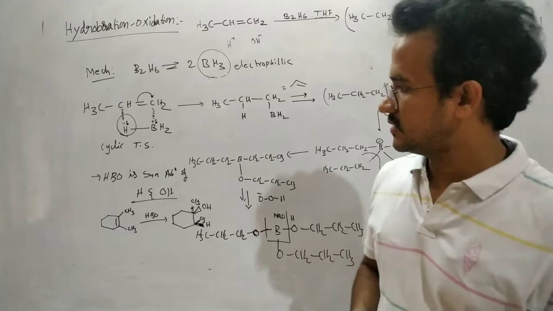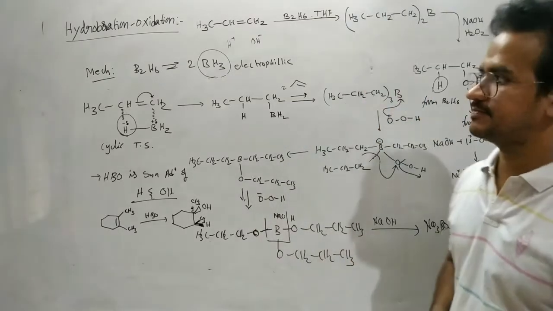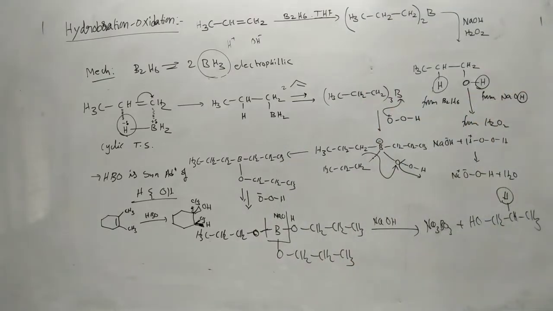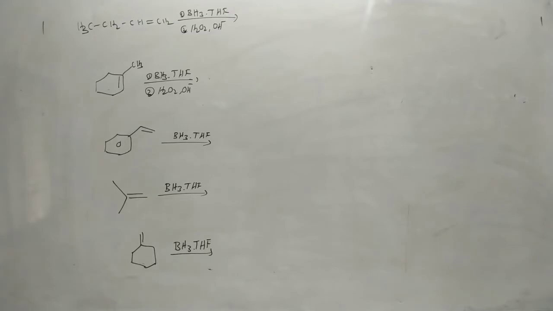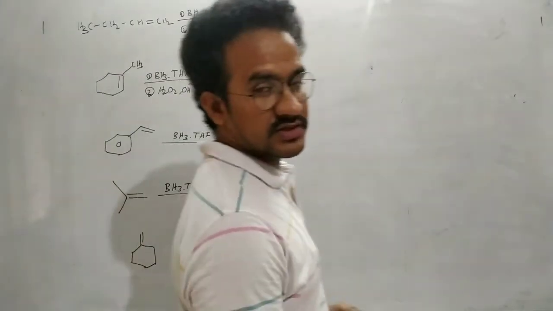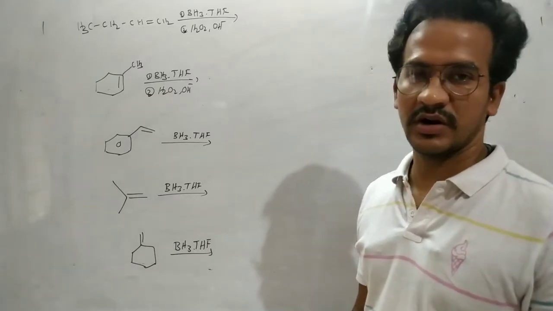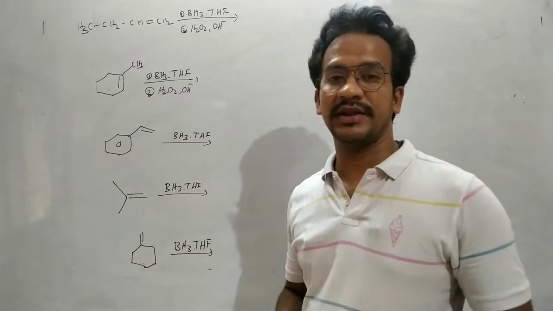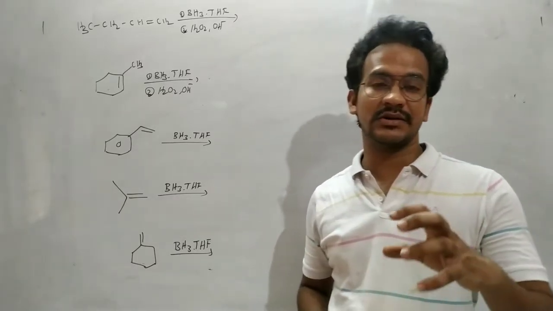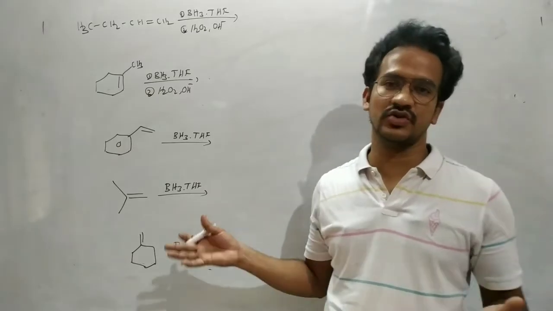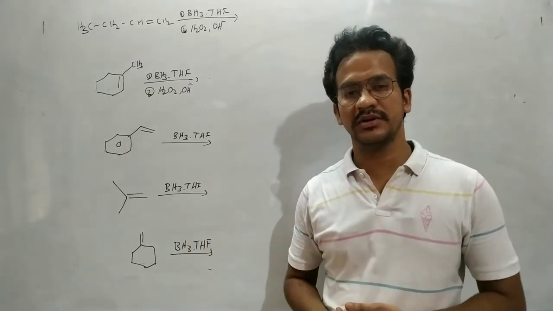That's it. So let us discuss some more examples. Here finally it is the anti-Markovnikov addition of water. The main point in this case is that carbocation rearrangement is not occurring, because no carbocation intermediate is involved.